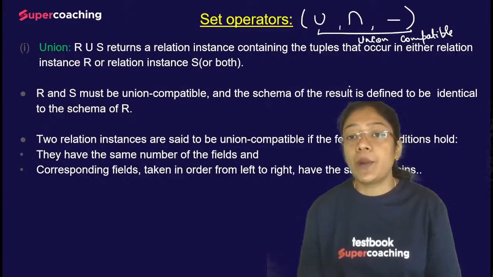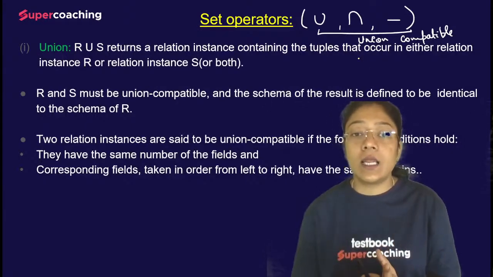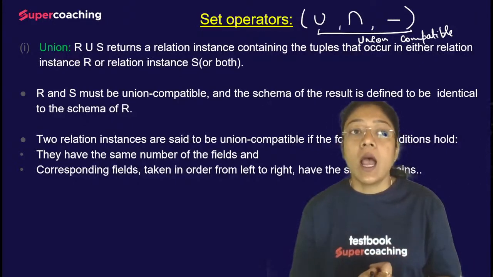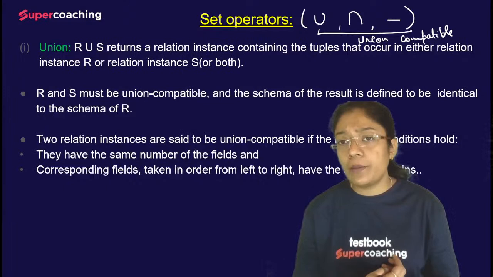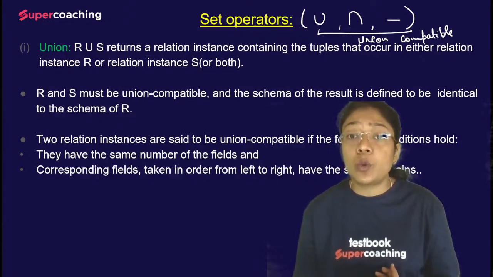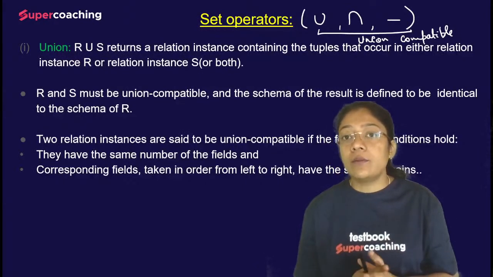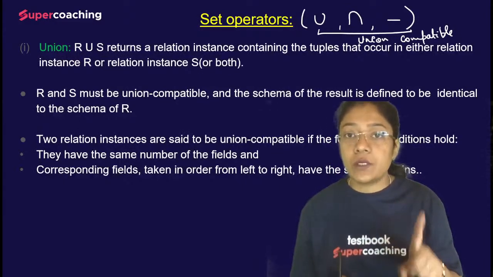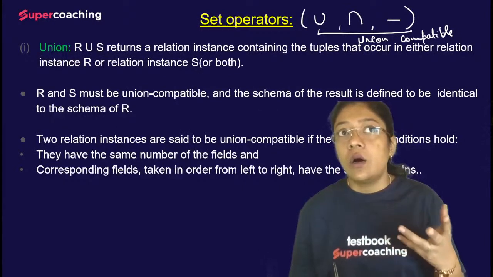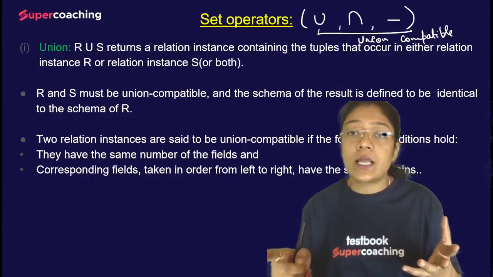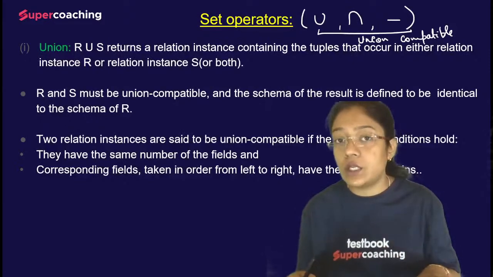Union compatible means the number of attributes in both the relations should be the same, and attributes may or may not have the same name, but the domain of the respective attributes should be the same. What I mean is, if the first attribute is of data type integer, then the second relational instance's first attribute should also be integer.